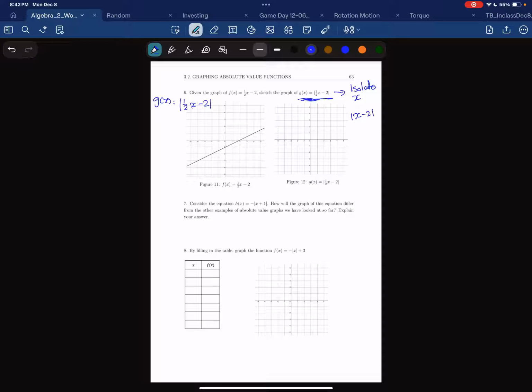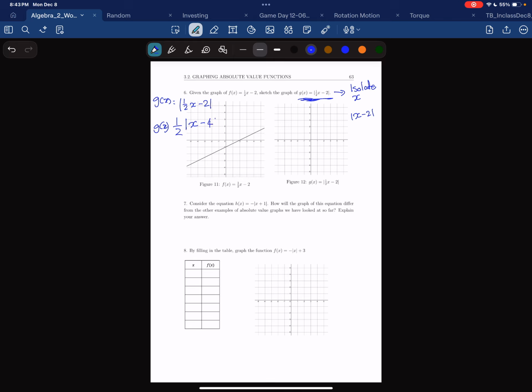So if I want to isolate my x, I can treat these absolute value bars like brackets and factor it out. It's going to be 1/2 x, all right? I'm just simply factoring out. So I don't want to change the function. I just want to factor out the 1/2. So what can I multiply by 1/2 to get 2?